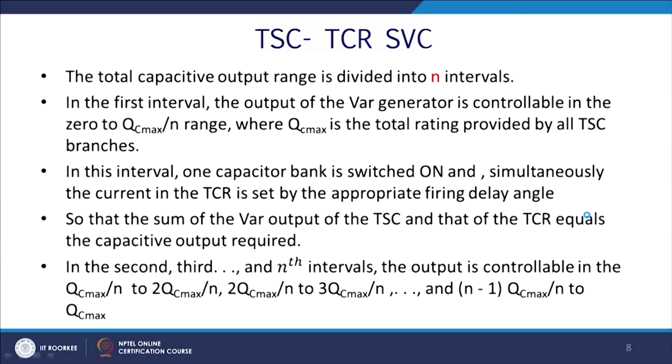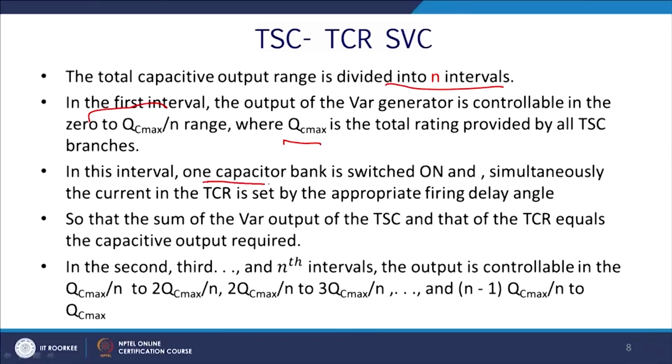The total capacitive output range is divided into intervals. In the first interval, the output of the var compensator, the var generator, is controlled from 0 to QC max by n, where n is the quantization and QC max is the total rating provided by all the TSC branches. In this interval, one capacitor bank is switched on, and simultaneously the current in the TCR is set by the appropriate firing angle delay.